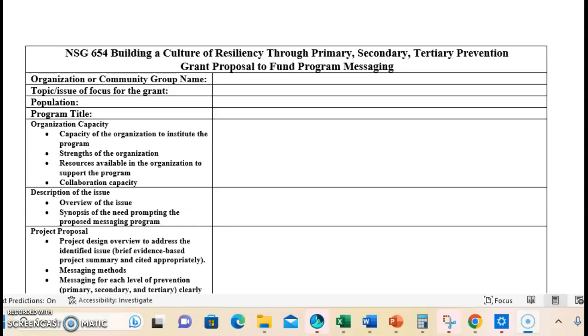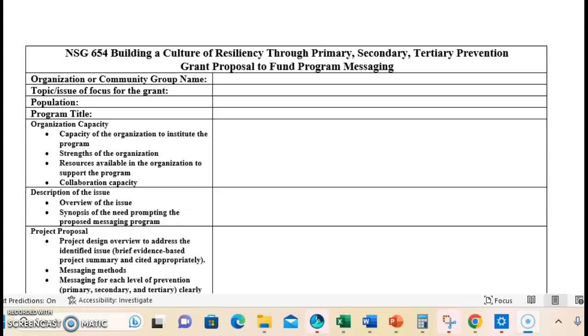So we have our health issue, we have our population, and messaging, of course, should include primary, secondary, and tertiary. Primary may include safe sex practices based on the evidence. Secondary may include screening services for STIs and ways to access services, and tertiary may include effective ways to manage STIs.